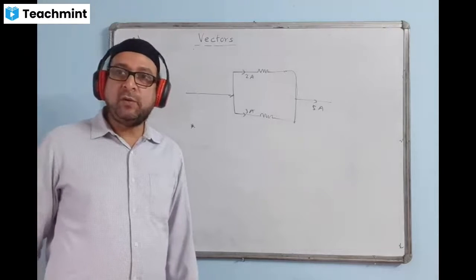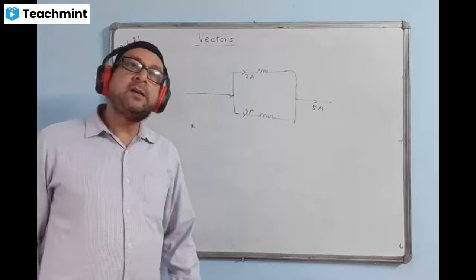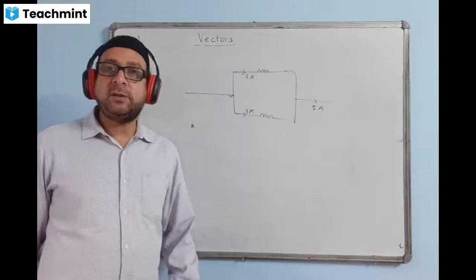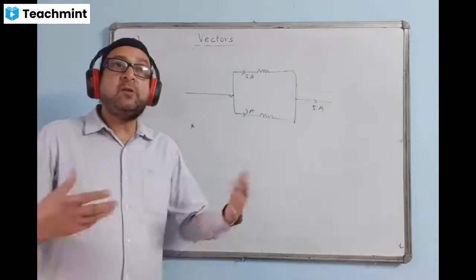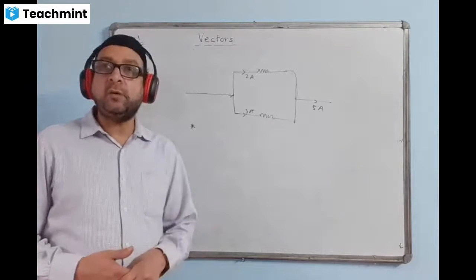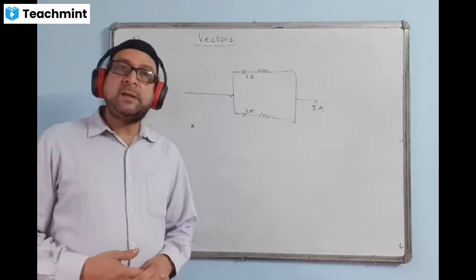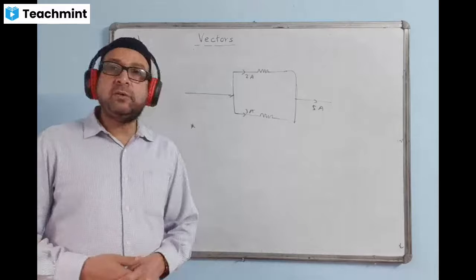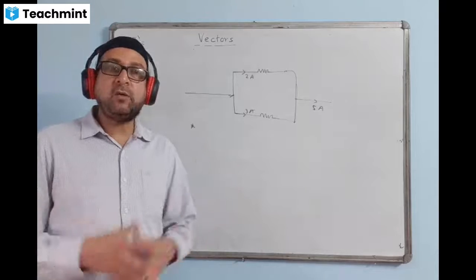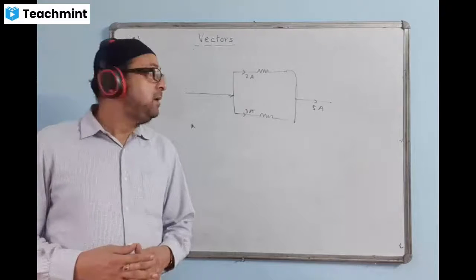That's why they are considered only scalars. To be a vector quantity, they must follow the law of vectors also. And they must have direction and magnitude, then they are called vector physical quantities.